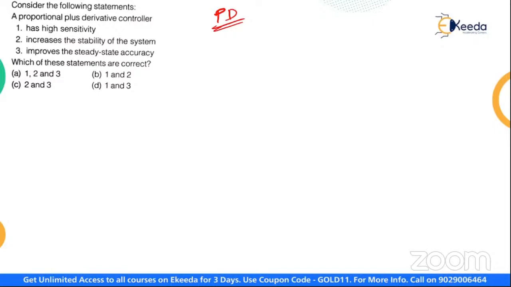So before entering into this problem, let us see what are the different characteristics of a PD controller. The first characteristic, and the very important one, is that it adds an open loop zero on the negative real axis, correct?